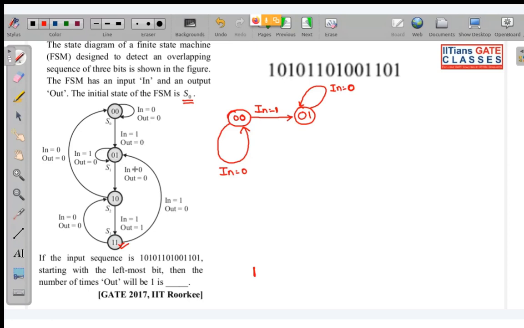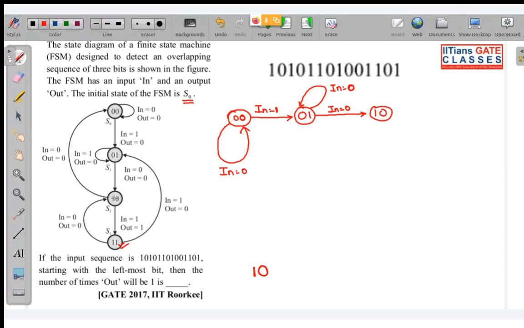So when can you go there? If your input is 0, you will move to the next state, that is 10. So the next bit of your sequence is 0. Why? Because when you give 0, you go from 01 to the 10 state.